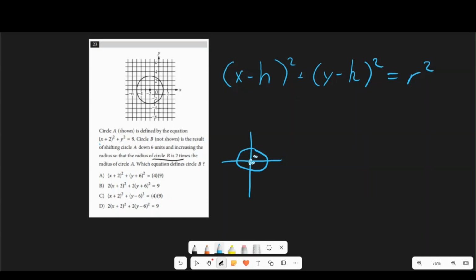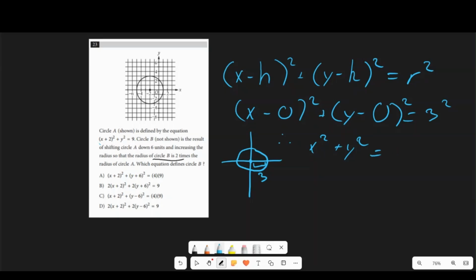Its shift in the x direction is going to be 0, so we would have (x − 0)², and its shift in the y direction would also be 0, so y − 0. The radius was 3, so we would have 3² over here.